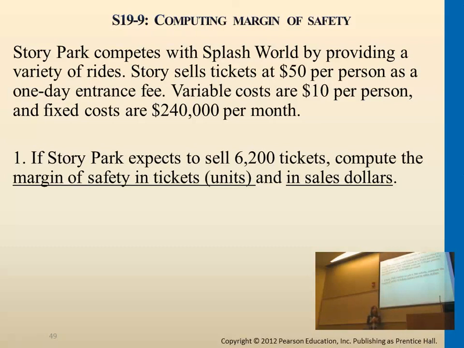$240,000 divided by 40, you're trying to calculate the break-even, right? So you will get 6,000. This is the break-even units. And you're expected to sell 6,200, and you subtract the break-even and compare.